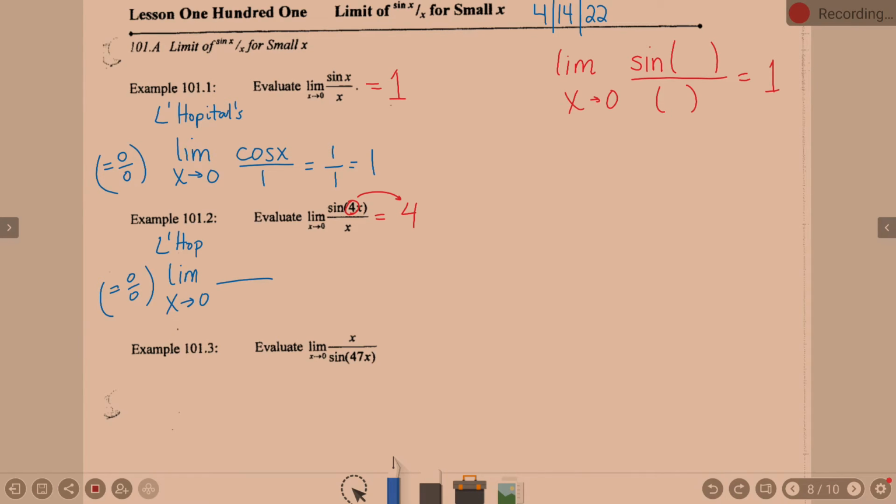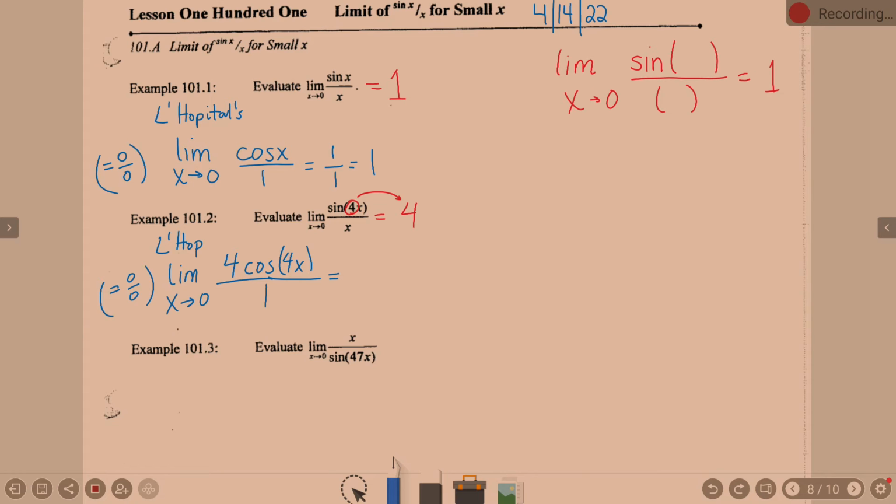What's the derivative of sine of 4x? Yeah, the derivative of sine of 4x is cosine of 4x times the derivative of 4x, which is 4. So 4 cosine 4x, all over the derivative of x, which is 1.